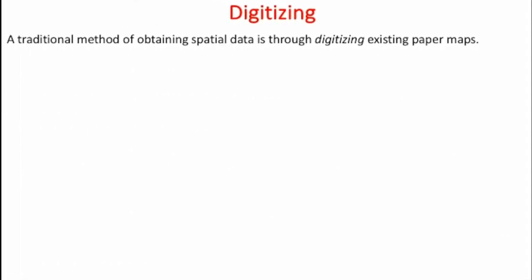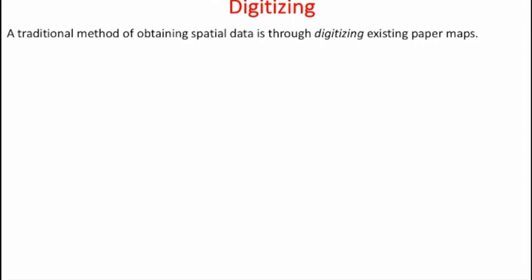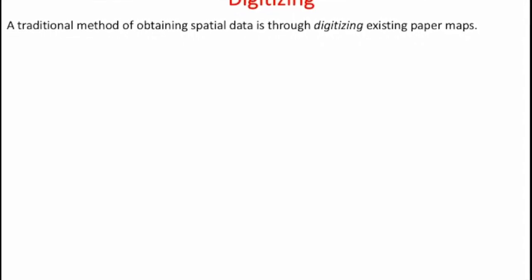Digitizing. A traditional method of obtaining spatial data is through digitizing an existing paper map. It is a process of converting or encoding information into a digital format and digital representation.